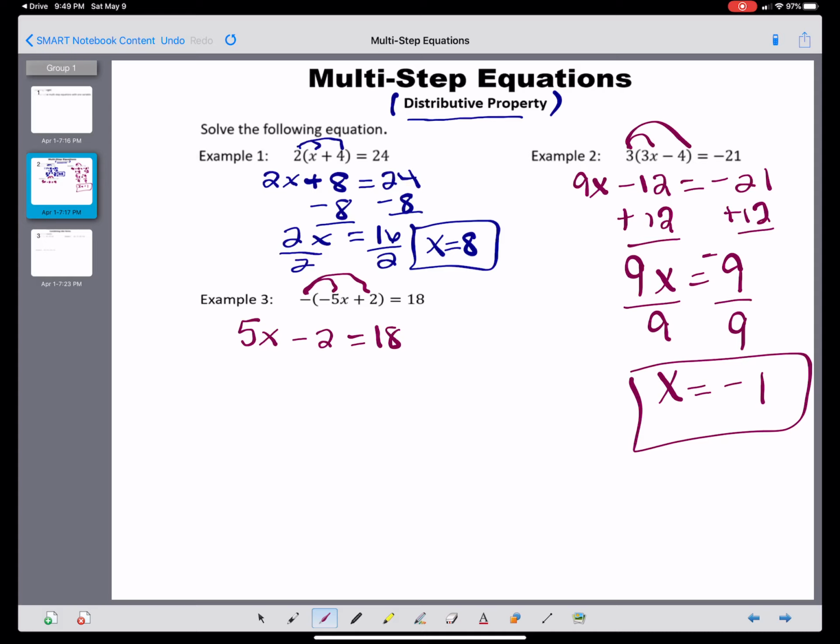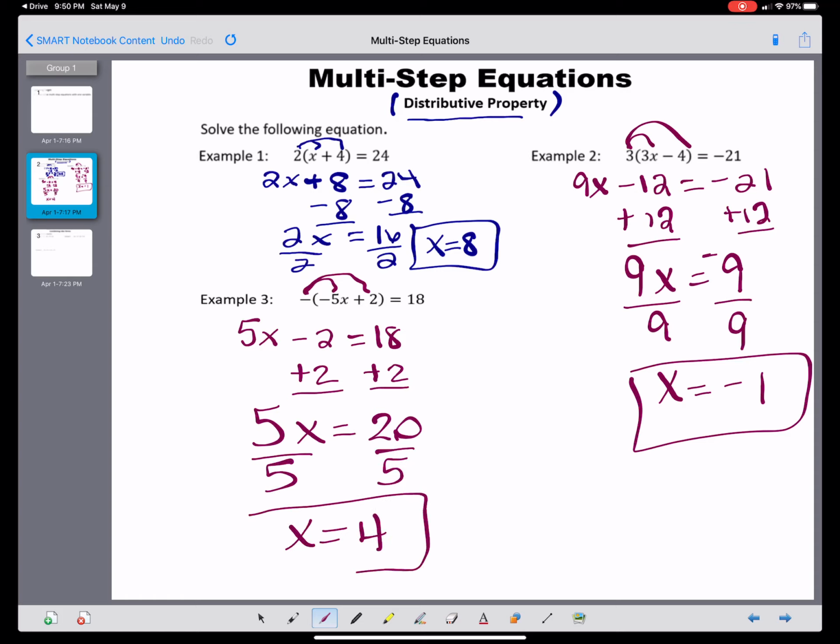I need to remember, add or subtract first, multiply and divide last. Need to add 2 to both sides. I end up with 5x is equal to 20. I'm going to divide both sides by 5. x is equal to 4.